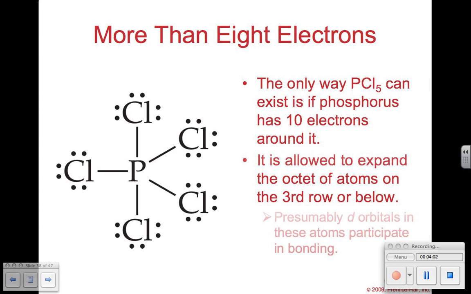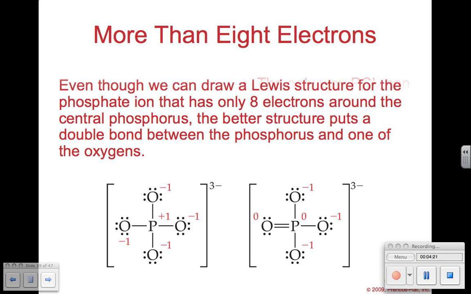It's allowed to expand the octet of atoms on the 3rd row or below, presumably because the d orbitals in these atoms participate in the bonding rather than only the p and the s.